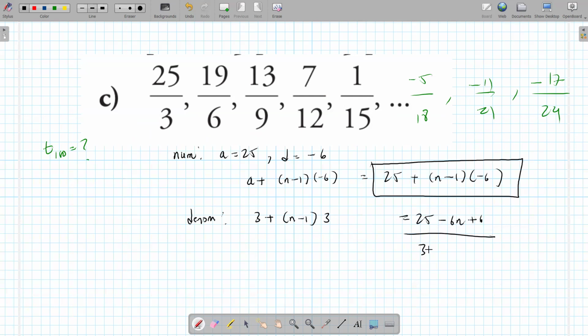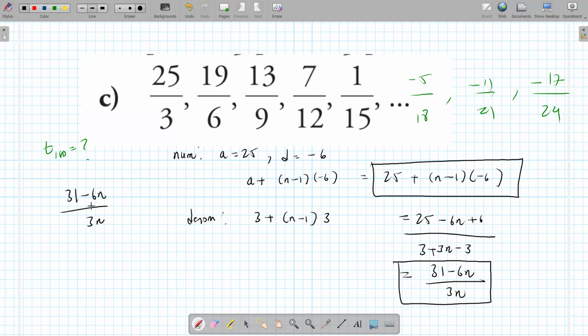And the denominator, we have 3 plus 3n minus 3. So this will be 31 minus 6n over 3n. So that's the general term for this.